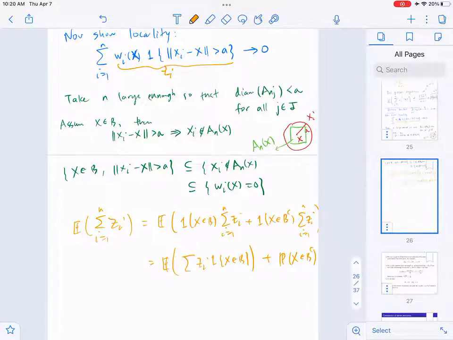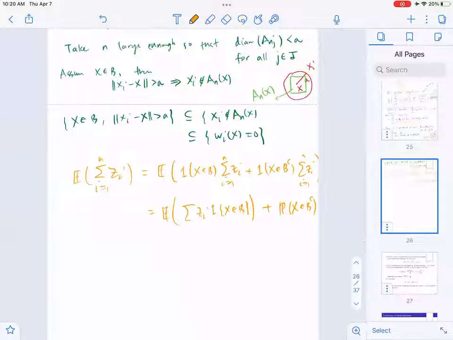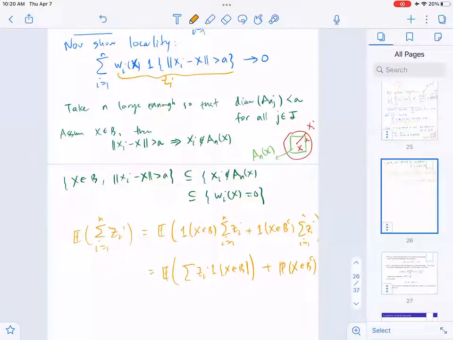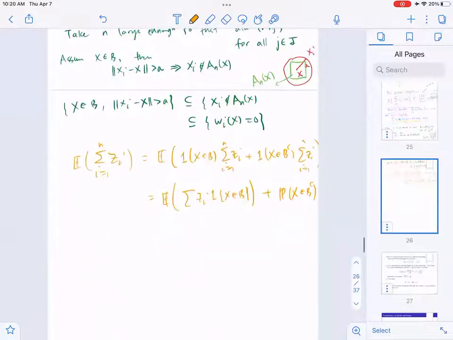So what do we conclude about the Zi with the indicator? If x is in B, and xi minus x is bigger than A, then Wi has to be 0. So this thing is just 0, and there's no need to do expectation. So I get just the probability that x is in B complement, which I can make less than epsilon for any epsilon I want.